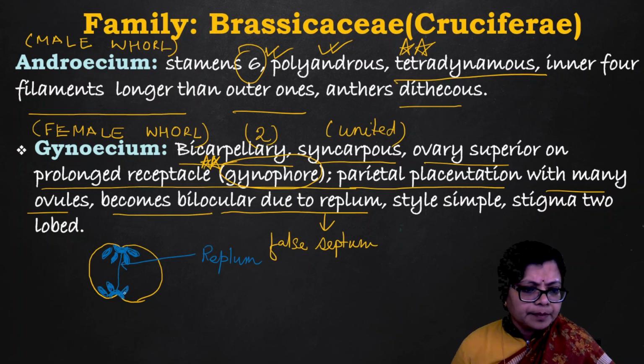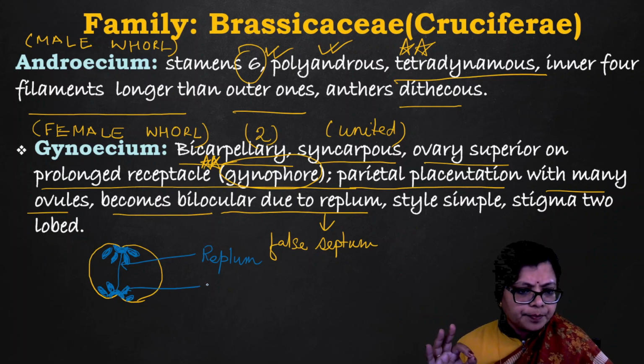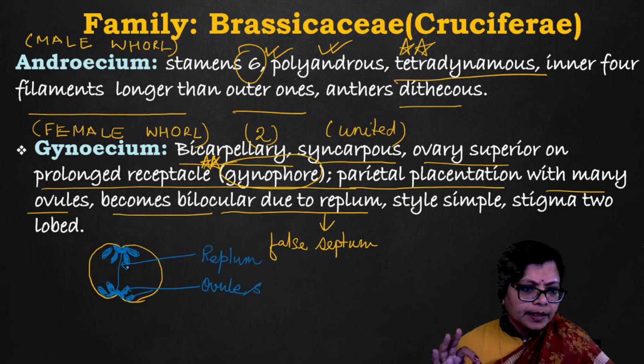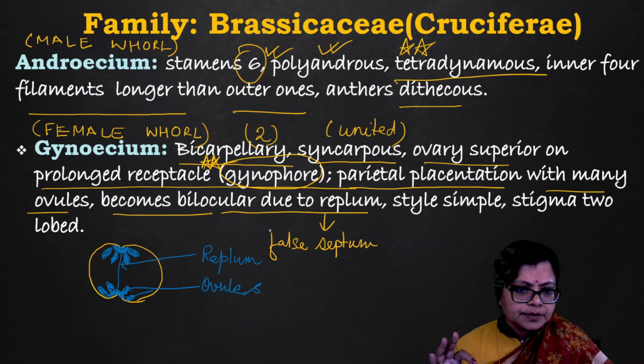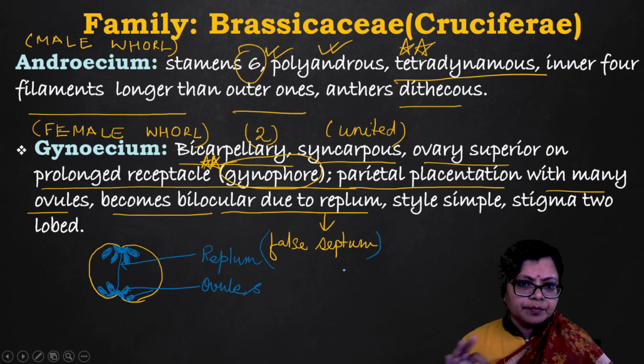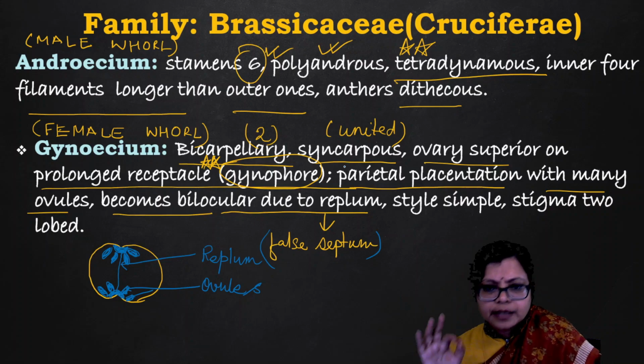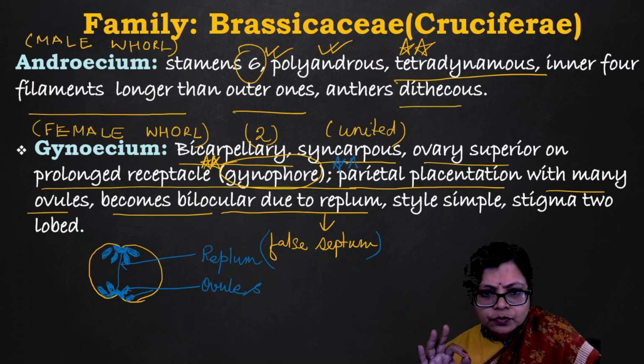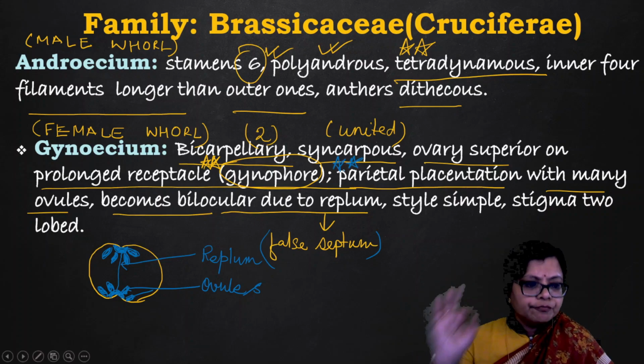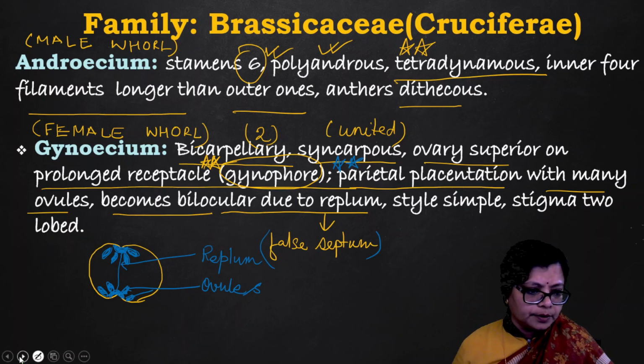So the parietal placentation is clear, the ovules are attached towards the periphery, these are the ovules. And this is the replum, that means the false septum. So the parietal placentation, I hope, is clear, and it is also another unique feature to be remembered.